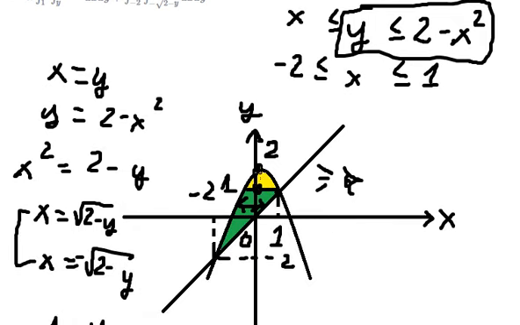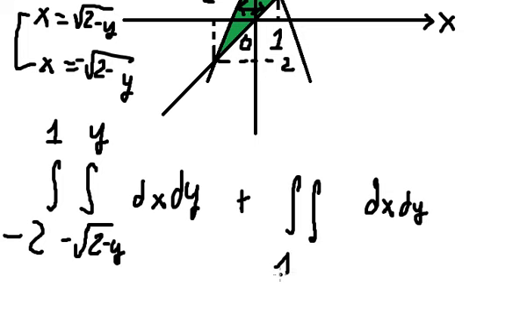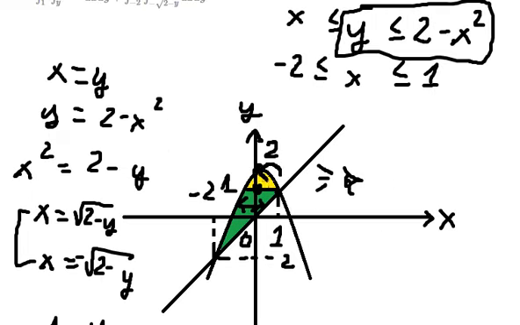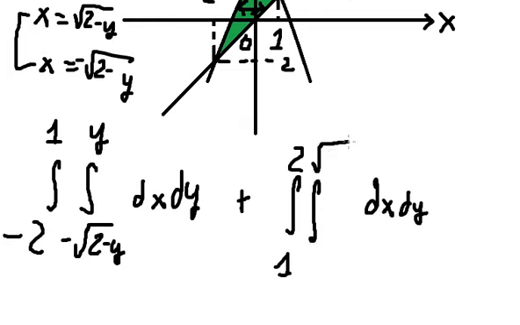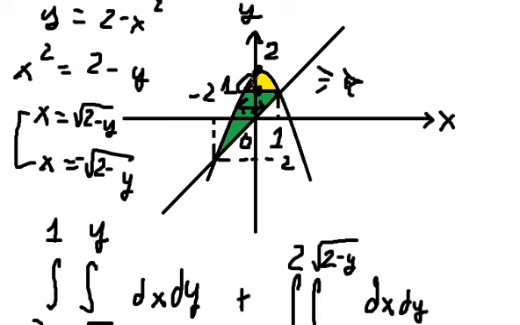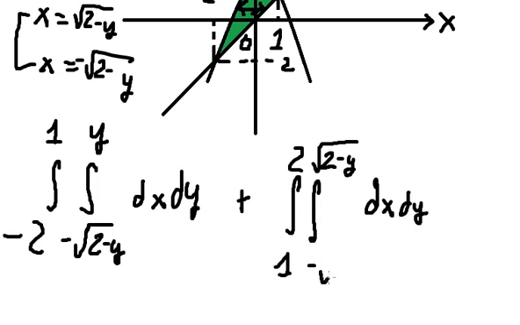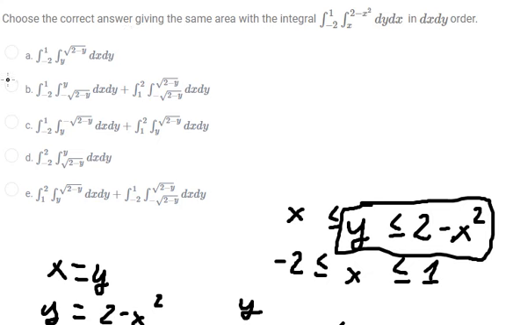So from 1 to 2 of dy, we can see that this one is about the upper, so that should be the square root of 2 minus y. And the lower is about this one. And here is the answer for the question. So the answer is B.